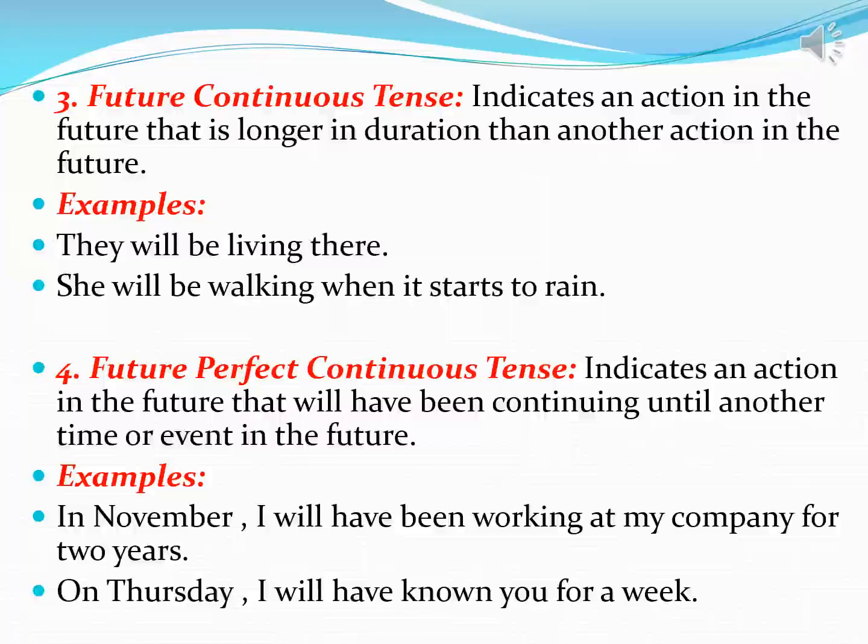So children, please listen very carefully. This particular tense indicates an action in the future that will have been continuing until another time or event in the future, and it is evident through these examples. On Thursday, I will have known you for a week.